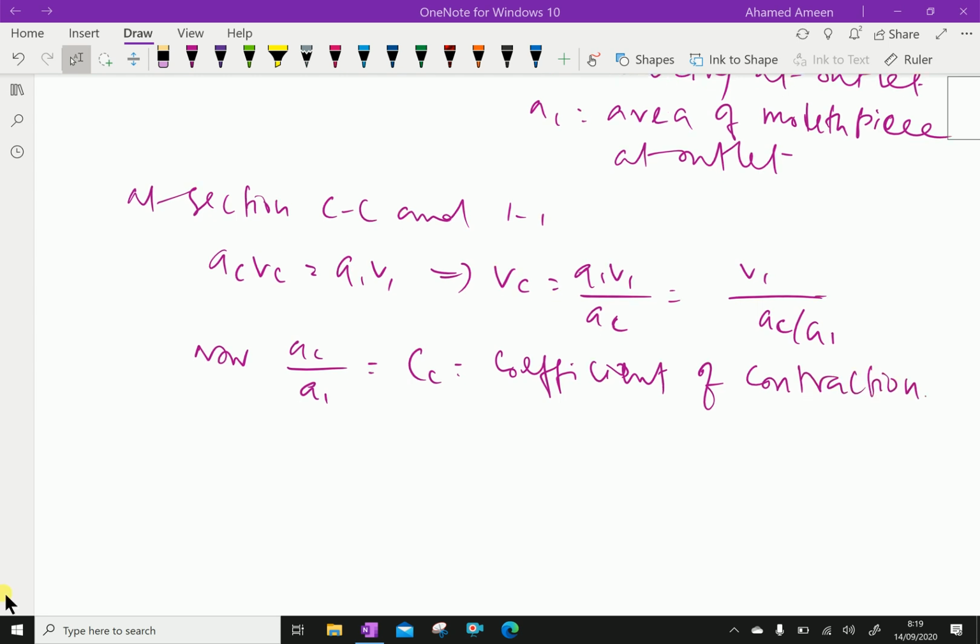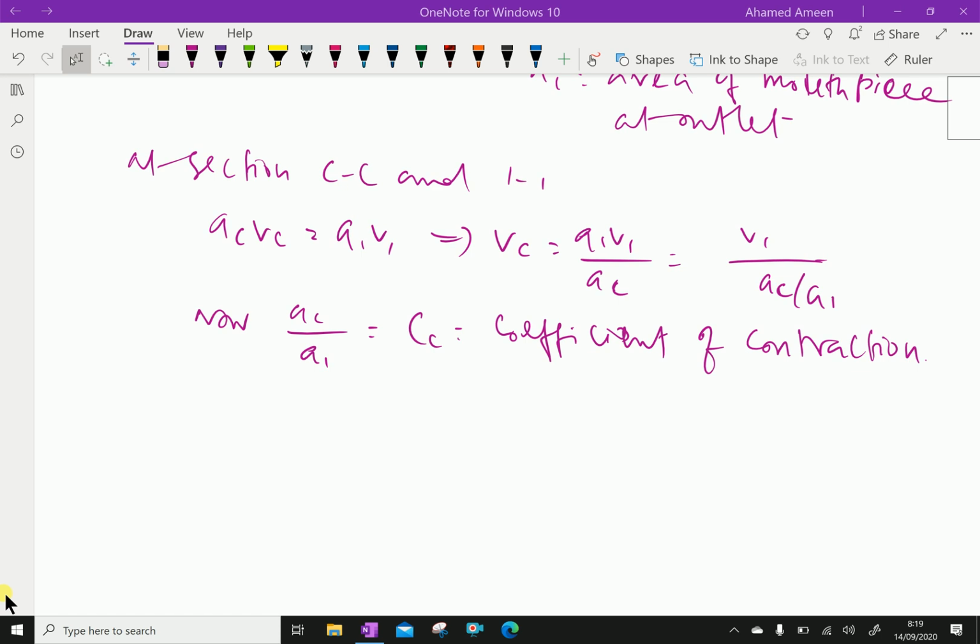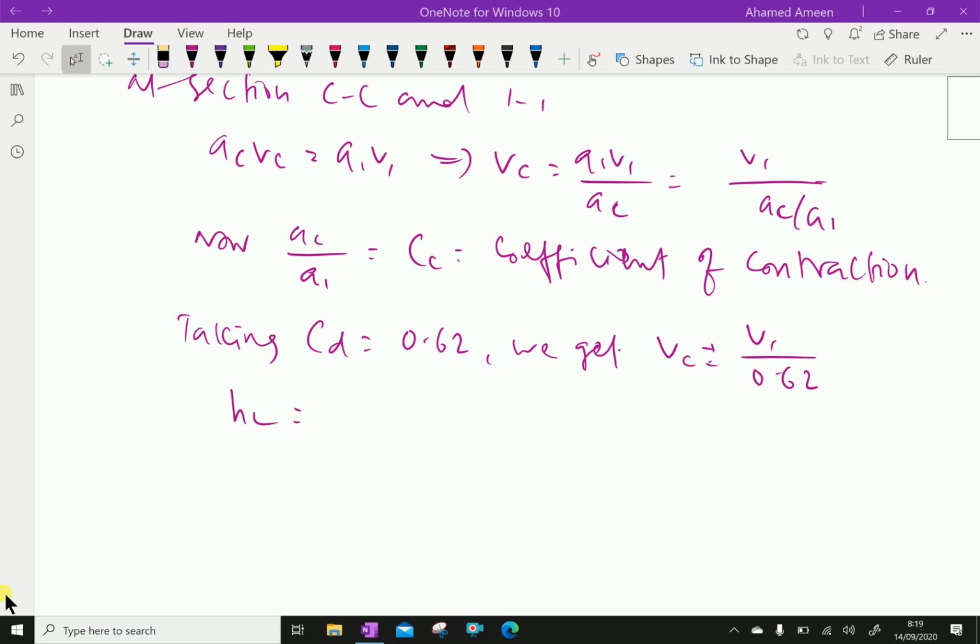Now taking coefficient of discharge Cd equal to 0.62, we get Vc equal V1 by 0.62. Now head loss hL equal Vc minus V1 the square by 2g.